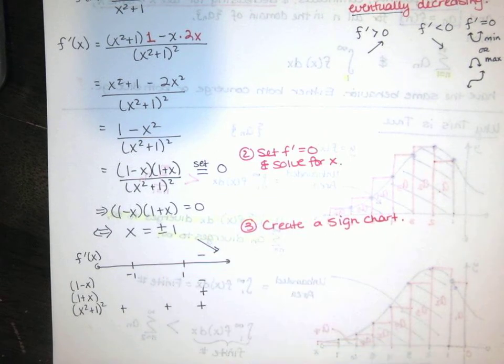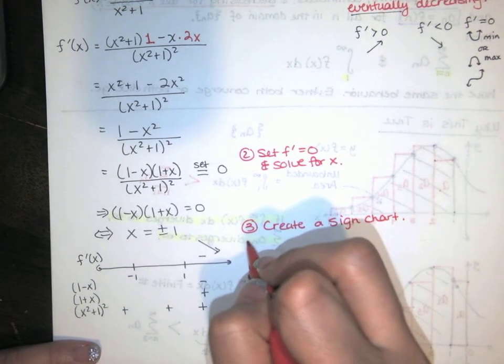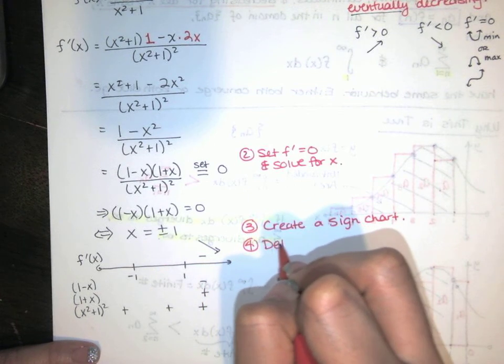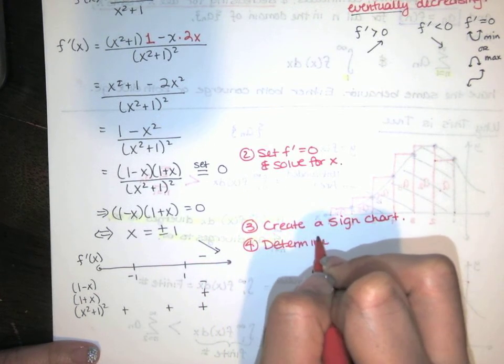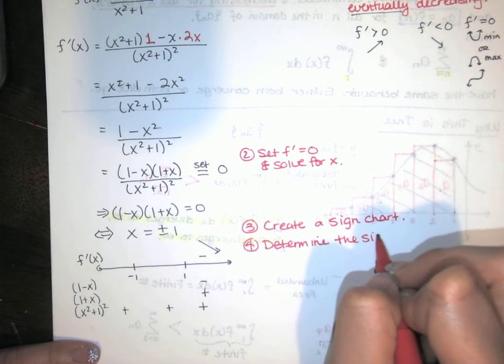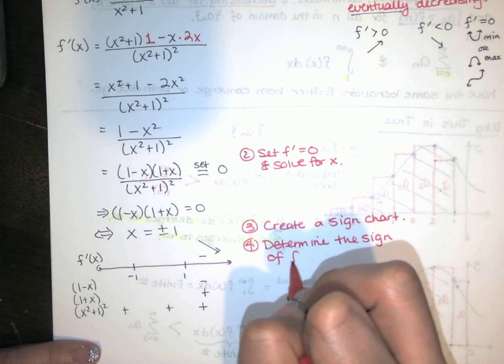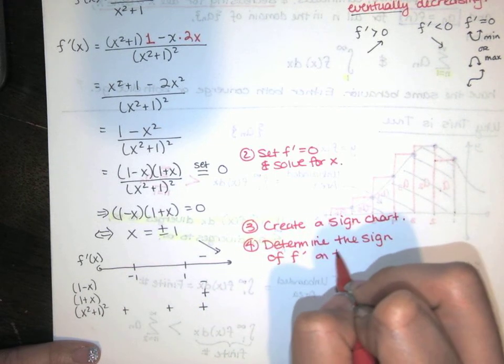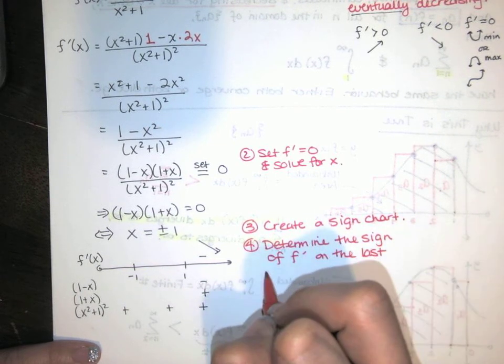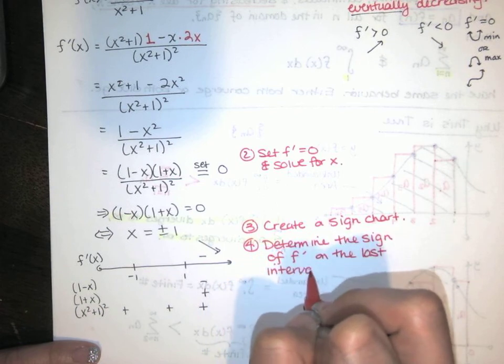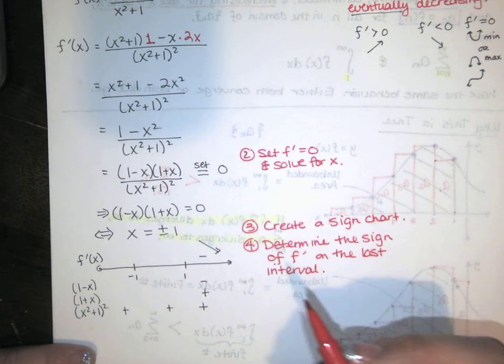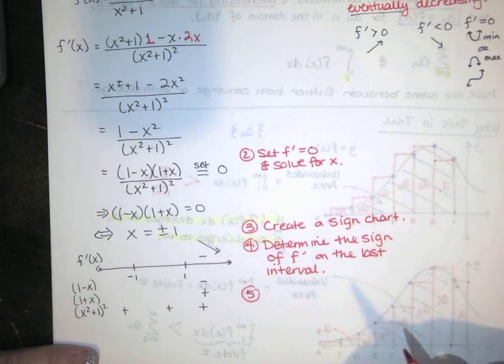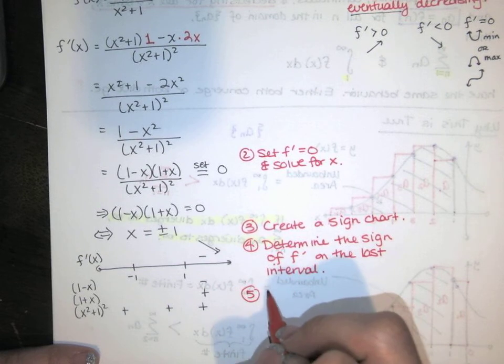So that means the function is decreasing on the interval, and that's exactly what we wanted. So we determine the sign of f prime on that last interval. And if that sign is negative, we can conclude that the function is decreasing.